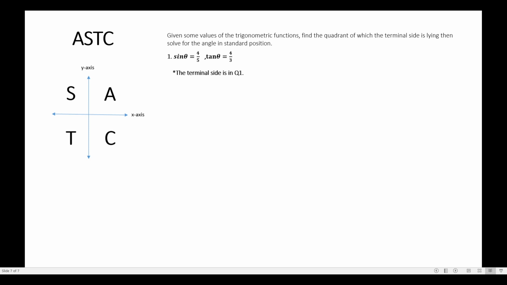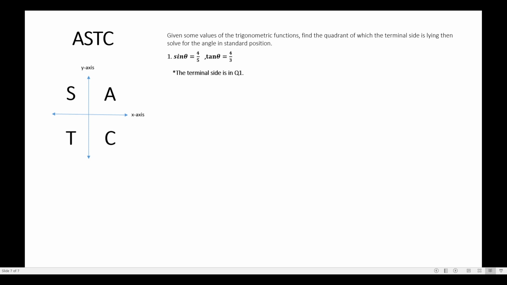Again, there's no possibility that two functions are positive while the third function is negative. In this case, since the sine function and tangent function are already positive, we expect that the cosine function is positive as well.